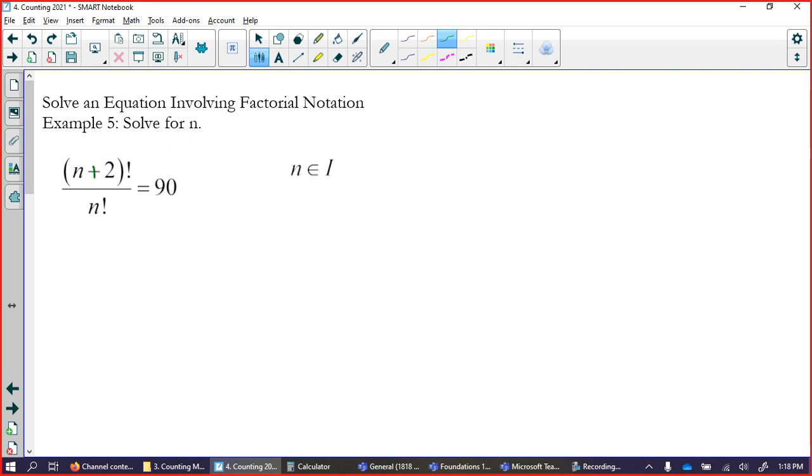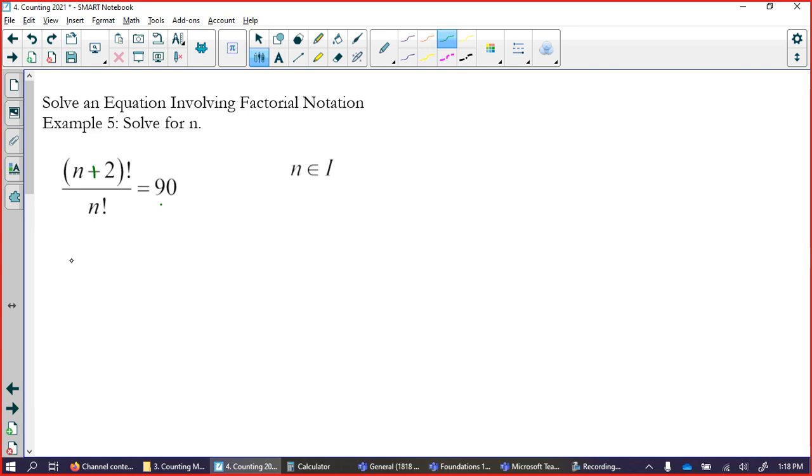Solve for n. I have to make one change. That has to be plus, because if it's not, we have a crazy rational function, and everyone will hate me more than they're going to after I finish this. So n plus 2 factorial over n factorial equals 90. Oh dear, what does n equal?